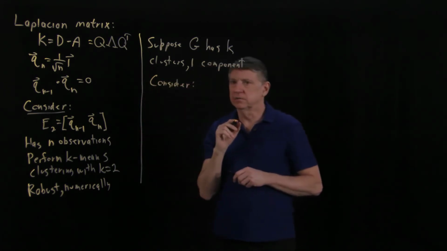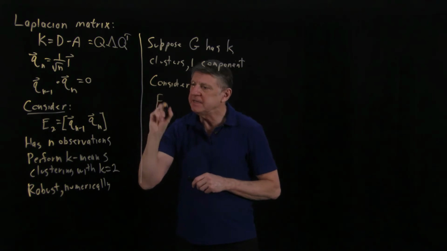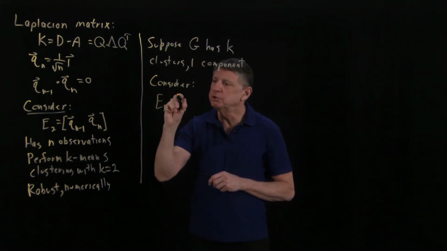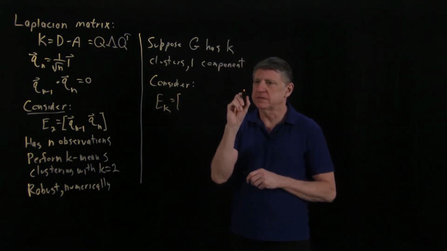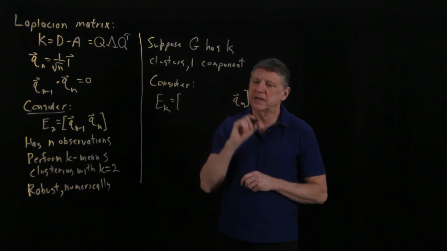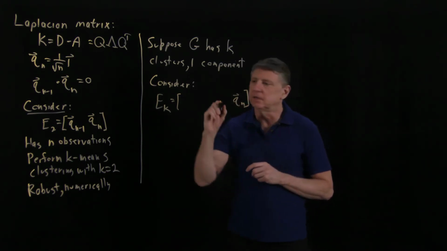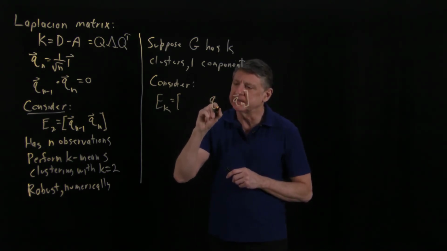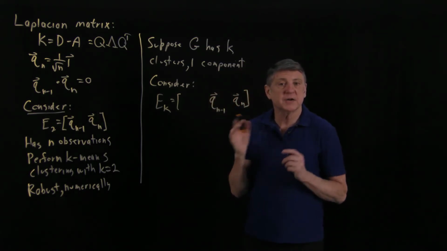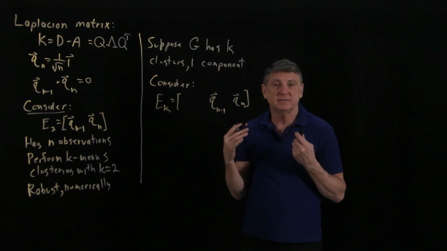Now let's consider forming E sub k, and it's going to be a lot like this. What we'll do is we'll start building it from the right side. So we'll put in that last one, even though we don't strictly need it, and then we'll put in the second last one, which we called the Fiedler vector, but now to us it's just another eigenvector.